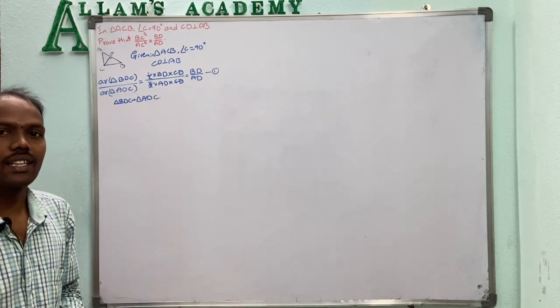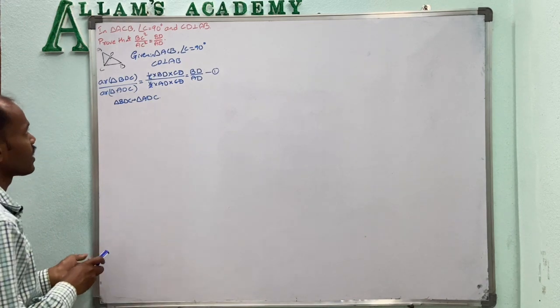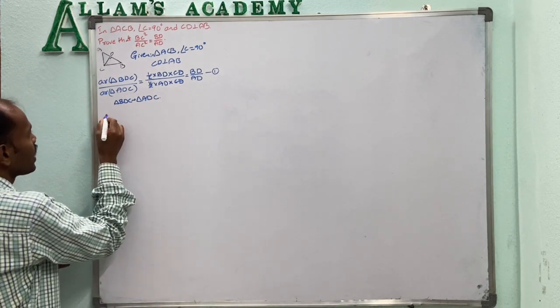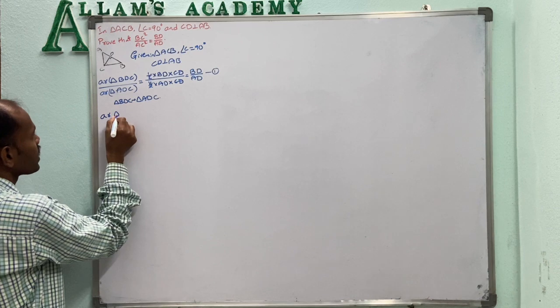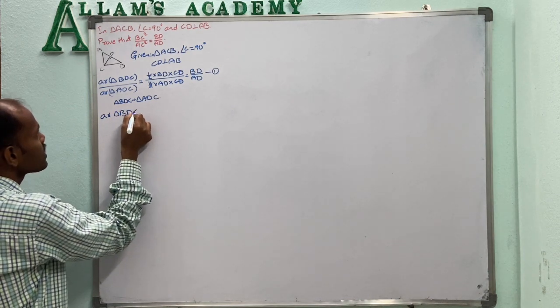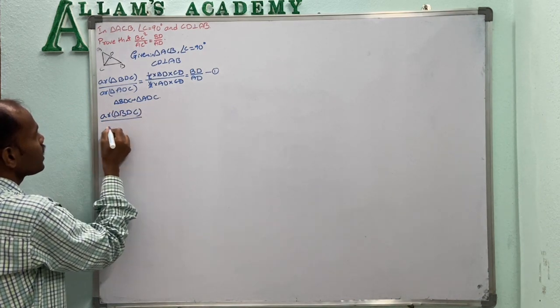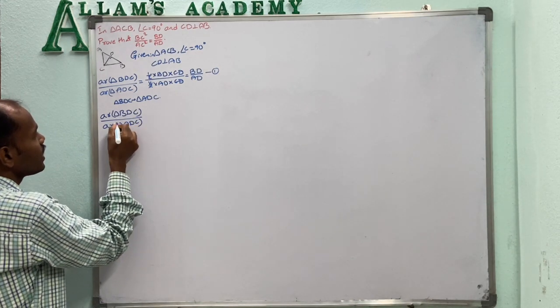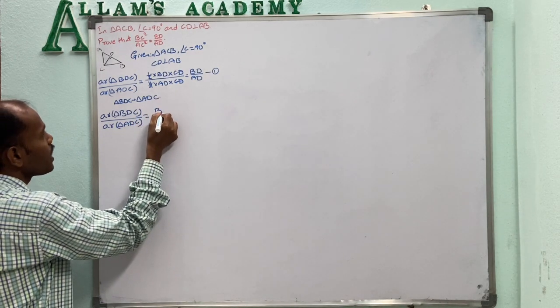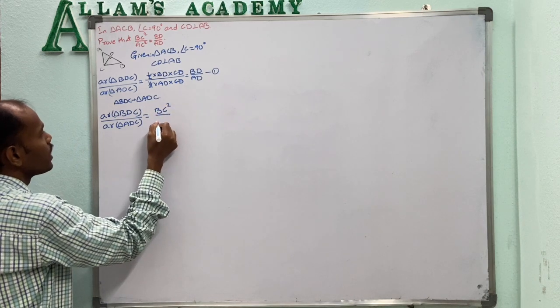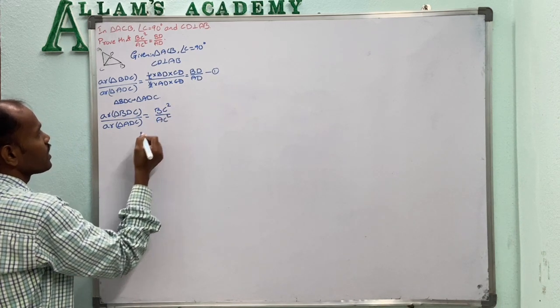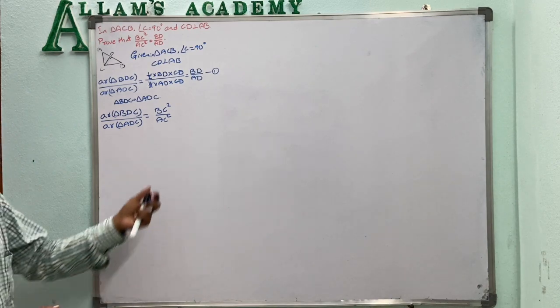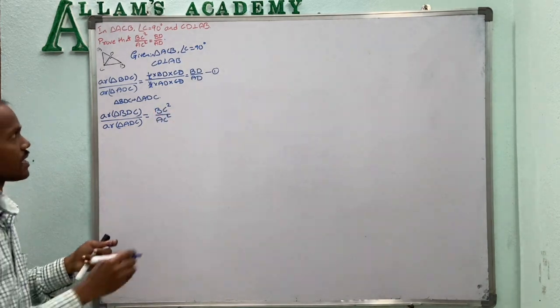We already learnt the theorem. So by the theorem, the area of triangle BDC by the area of triangle ADC equals BC square by AC square. This is equation 2.